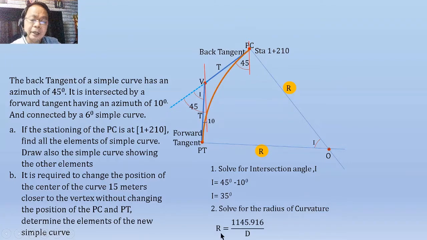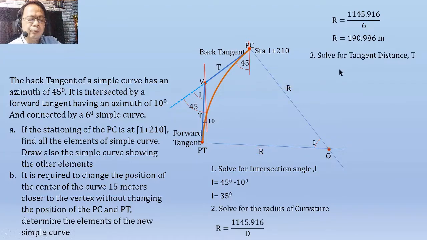Therefore the radius can be found to be 1145.916 divided by the degree of curvature equal to 6. Now, if you substitute the value of the degree of the curvature, having a value equal to 6, therefore, the radius becomes equal to 190.986 meters.